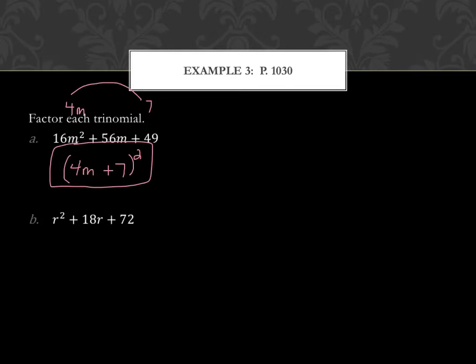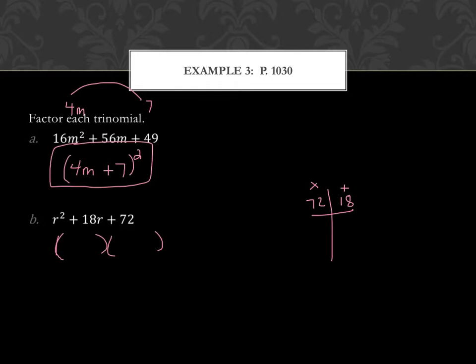On b, r squared is a perfect square, but 72 is not. There's not a GCF, so I'm going to factor this one by making my table. I need something that multiplies to 72 and adds to 18.